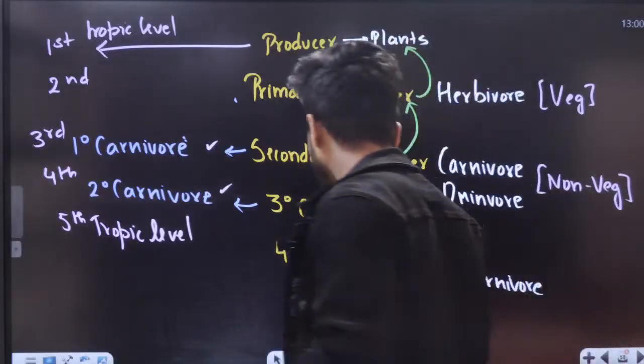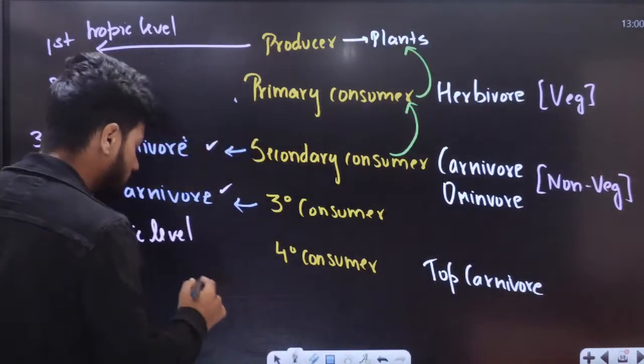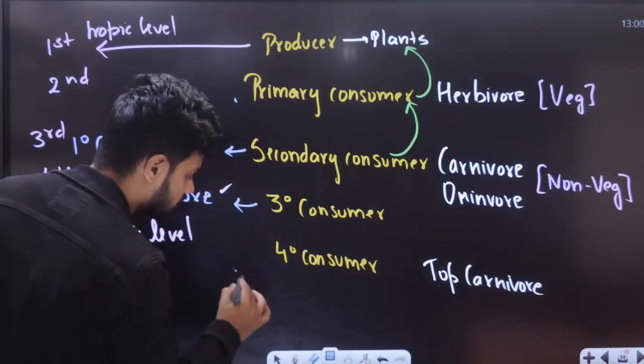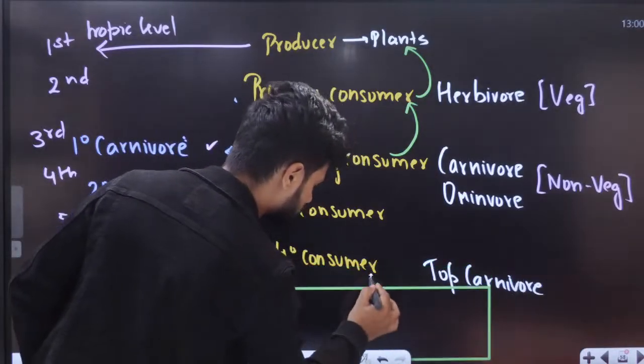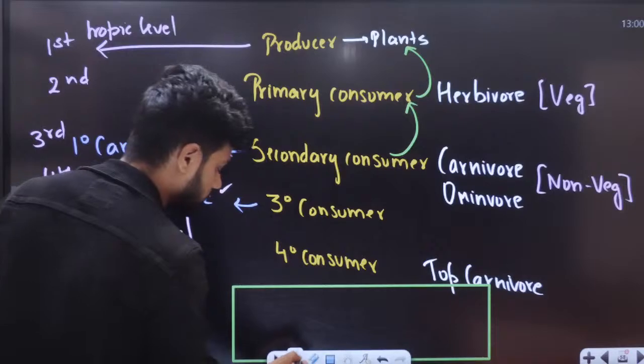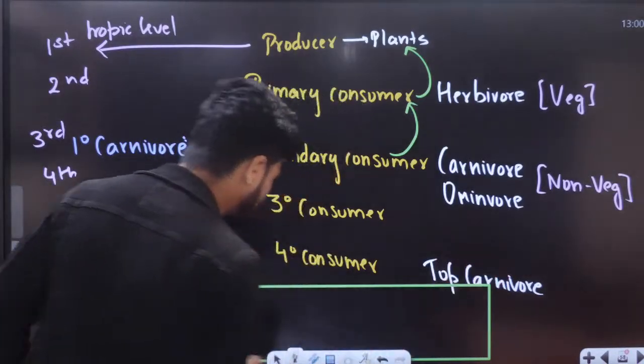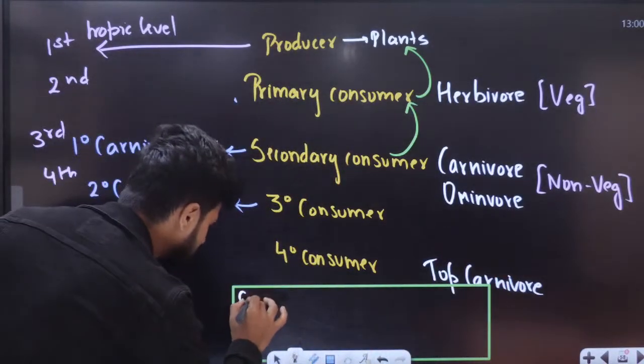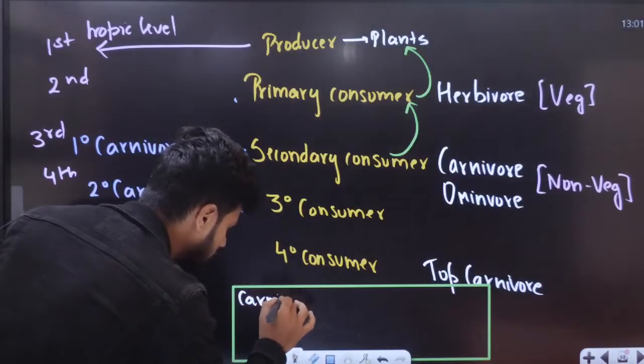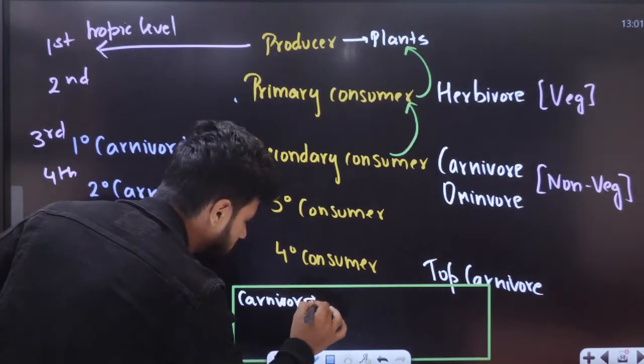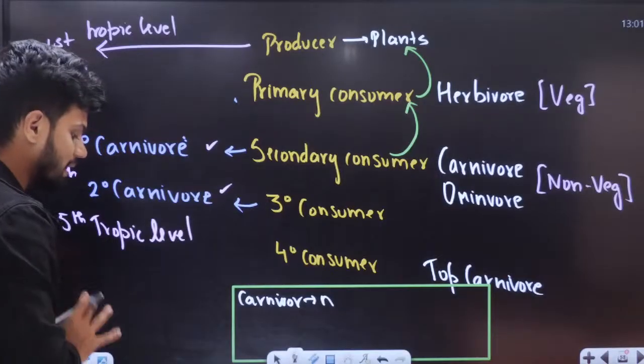So understand a small trick here. A carnivore can be represented by n.